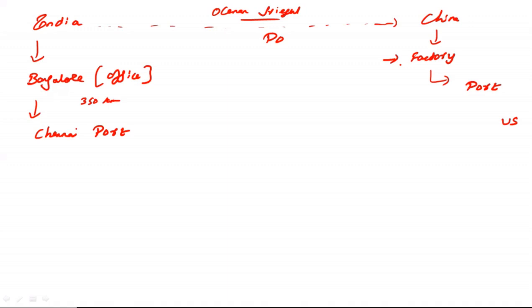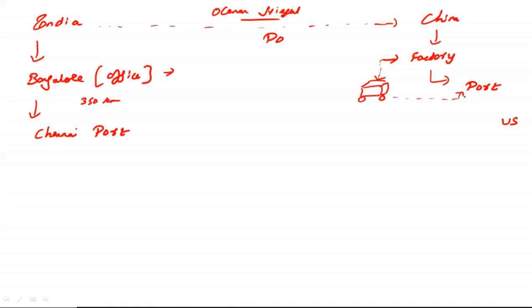Now, if they want to ship the material from the China factory to Bangalore, the first thing is they are going to arrange a truck from this factory to the port. They are going to load all the materials into a truck. They are getting the truck to the China port.